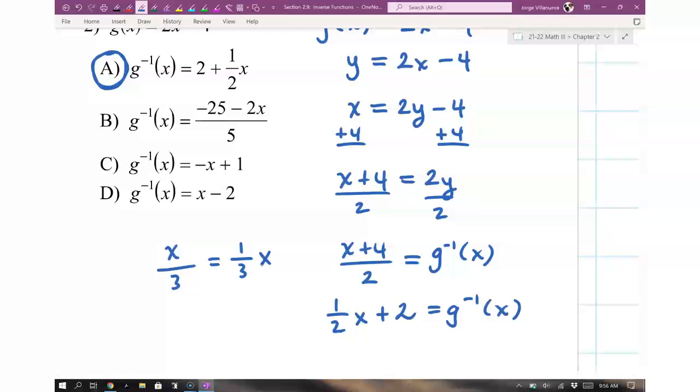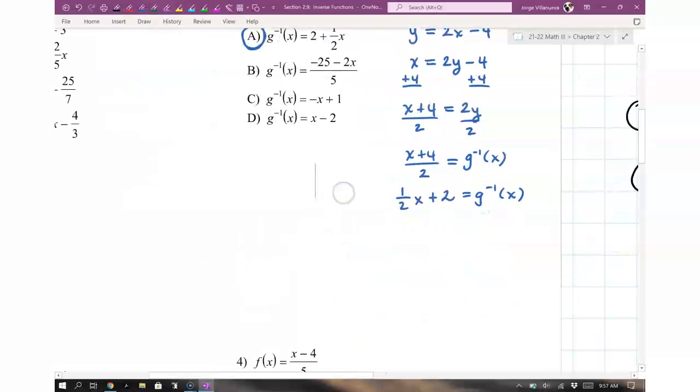So x over 3, they're going to write as a third x. For me, x divided by 2, they wrote as half x, not x over 2, because there is a 1 there. All right, that's something you should know by now, but in case you hadn't seen it, there you go. So we got that one.